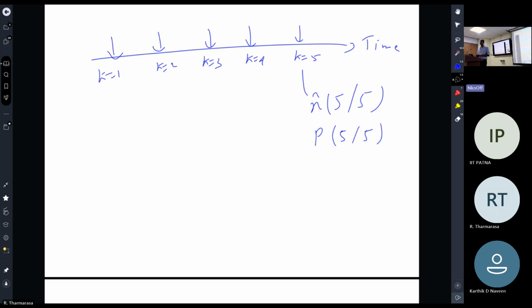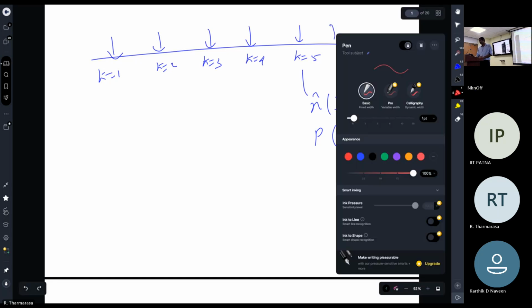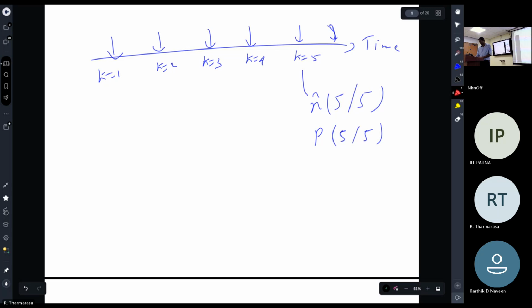In the normal situation, what do you expect? You expect the measurement to come over here. Are you okay with that? Correct? Usually it comes over there. But in the out-of-sequence measurement, for some reason, the measurement generated at this point comes at this point.